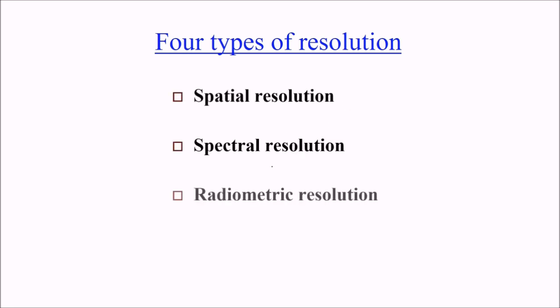There are 4 types of resolution basically: the spatial resolution, the spectral resolution, the radiometric resolution, and the temporal resolution. I hope these resolutions are well known to you if you are a remote sensing person. But let me in short give you an idea.